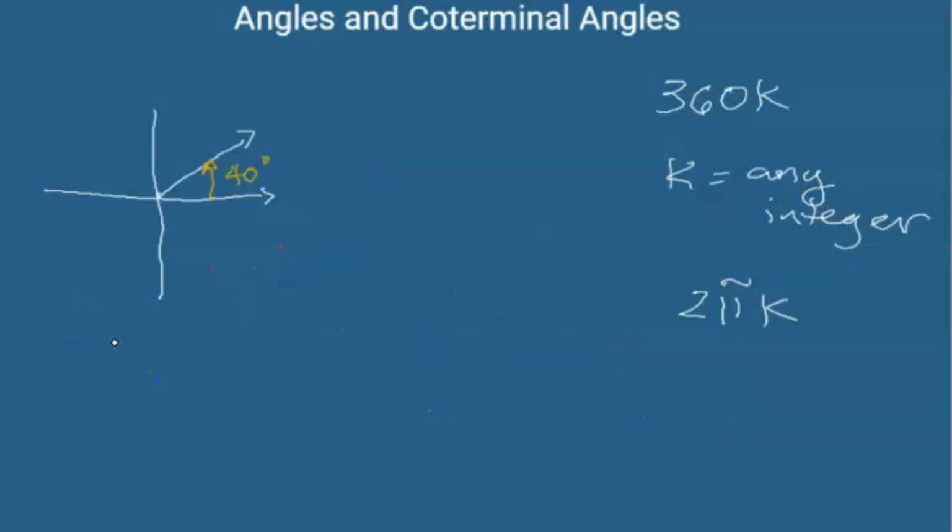Now if we need to find coterminal negative angles for 40 degrees, all we need to do is to subtract 360 instead of adding 360 because we need a negative. So it means it's clockwise direction.